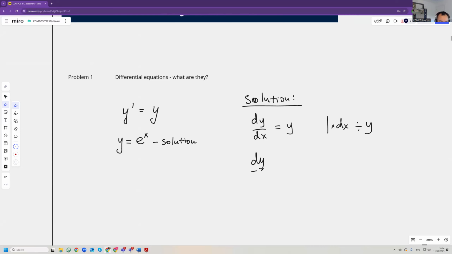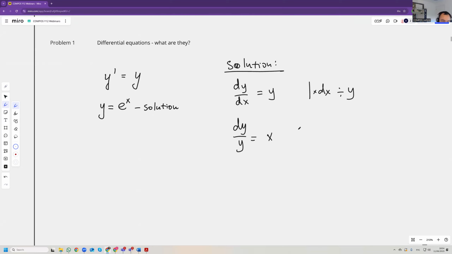So we get dy/y = dx. Then we integrate both sides. The integral of dy over y is ln y equals x plus c.